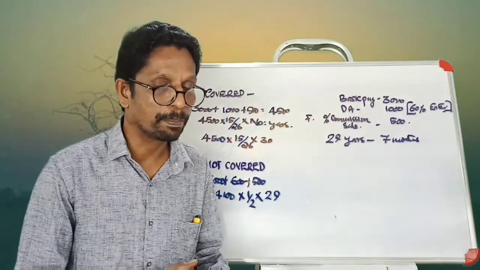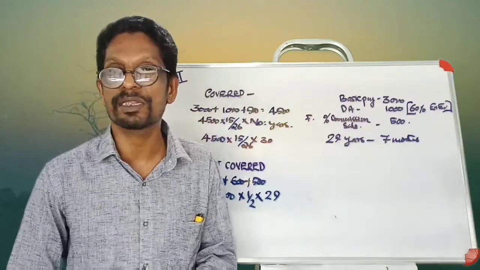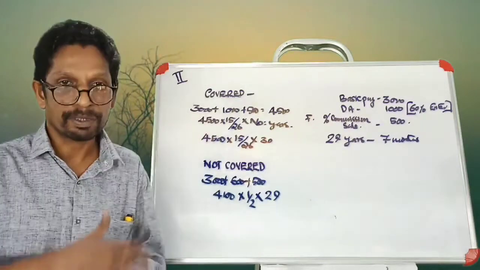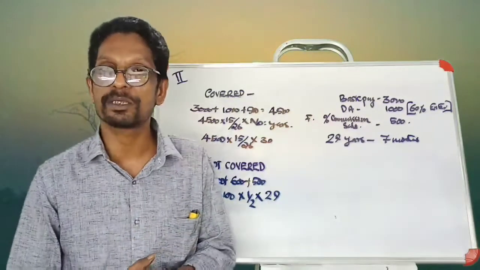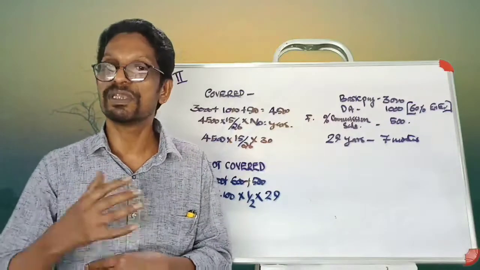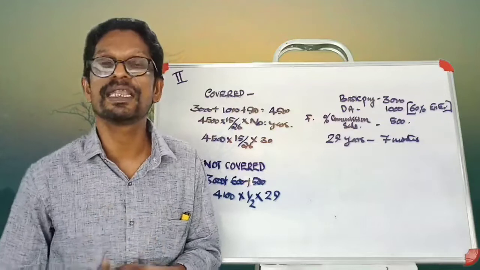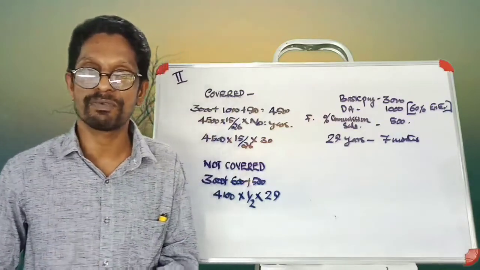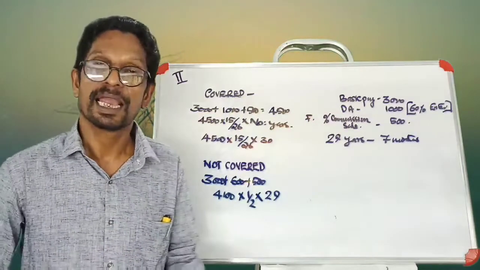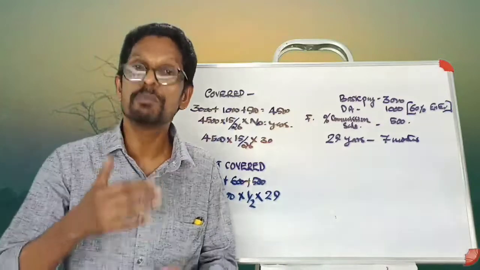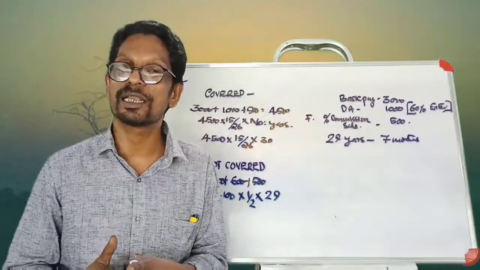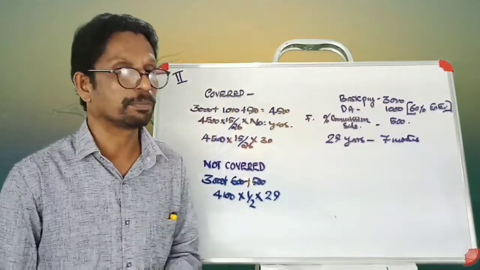Regarding the employees covered by the Act of 1972, 3 conditions have been mentioned. The smallest of those 3 figures is exempted. Say 15 days salary for each completed year of service, then rupees 20 lakh, actual gratuity received. Whichever of these 3 figures is the smallest, that figure is exempted from tax.